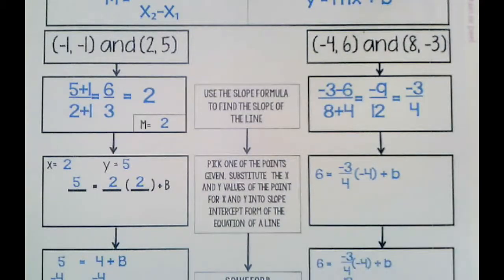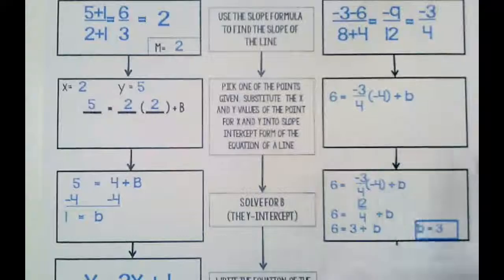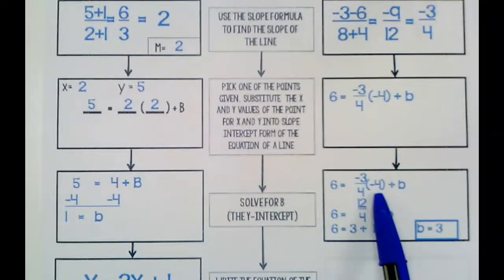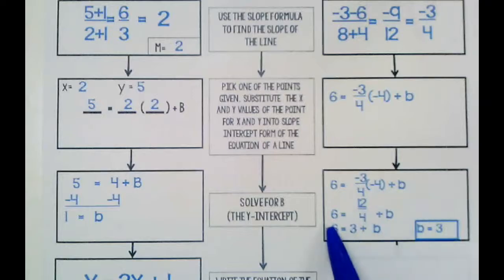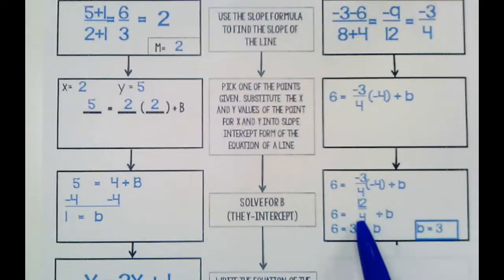Next step is to simplify. So I get 6 is equal to -3/4 times -4. So I get 6 is equal to 12 over 4, because a negative times a negative is a positive, plus b. So we get 6 is equal to 3 plus b.